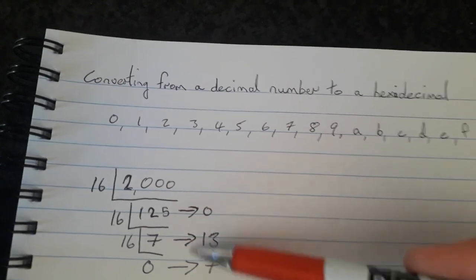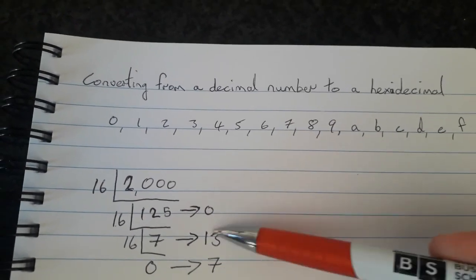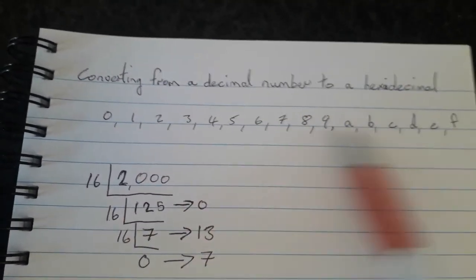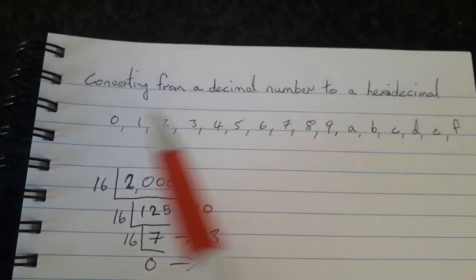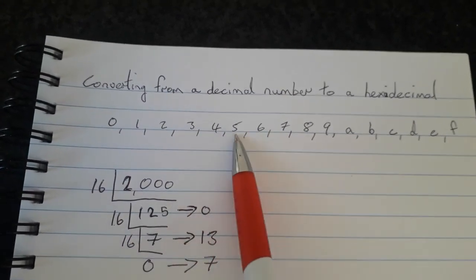However, 13 is made up of 2 digits, so we must find out what the equivalent of 13 is in our list of hexadecimal digits. So 0 is 0, 1 is 1, 2 is 2, 3 is 3, 4 is 4, 5 is 5.